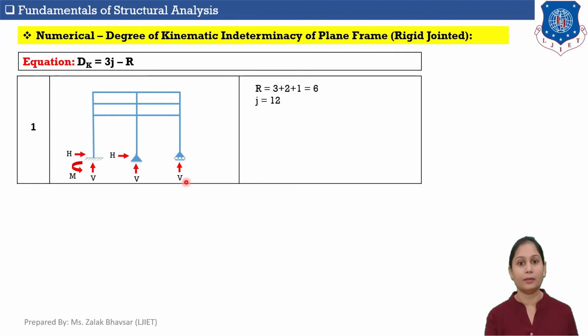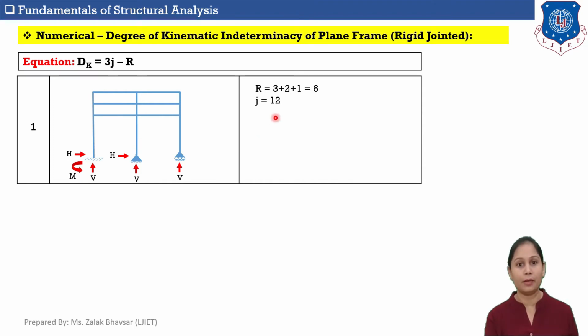Now let's calculate number of joints. So we will start with this left end. So this is joint number 1, 2, 3, 4, 5, 6, 7, 8, 9, 10, 11 and 12. So total number of joints of this given plane frame will be equal to 12.